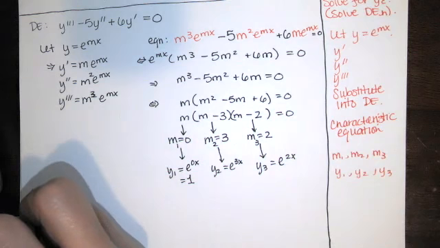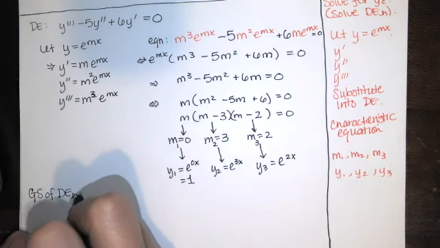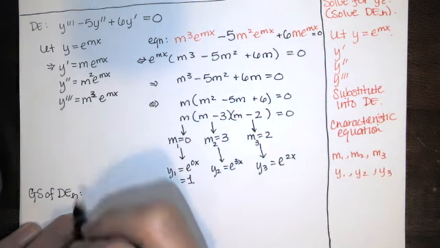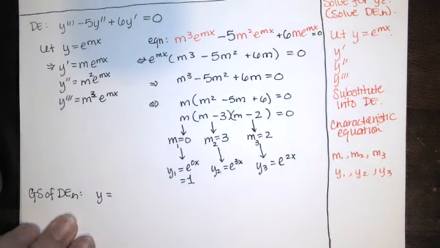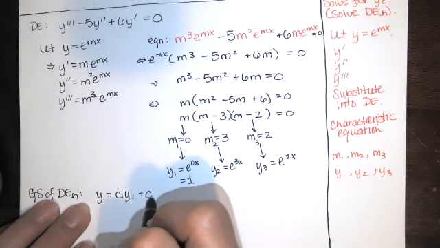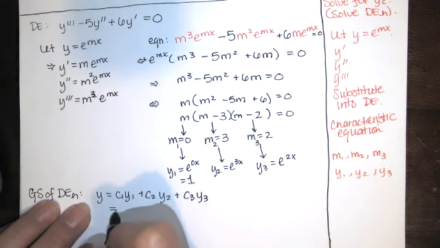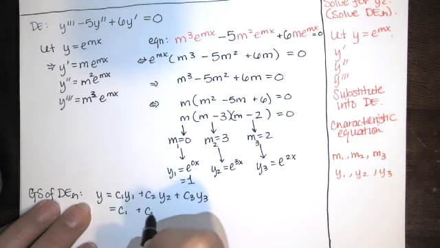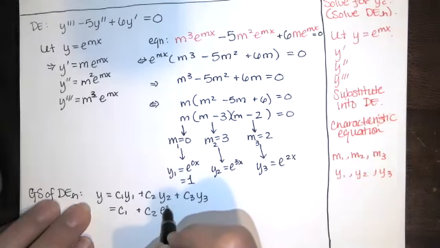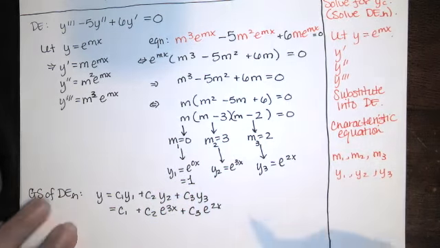And then the general solution of the corresponding homogeneous equation, because we're eventually going to solve a non-homogeneous equation, is this. Since it's third order, it'll be c1y1 plus c2y2 plus c3y3. And y1 is 1, y2 is e to the 3x, and y3 is e to the 2x.